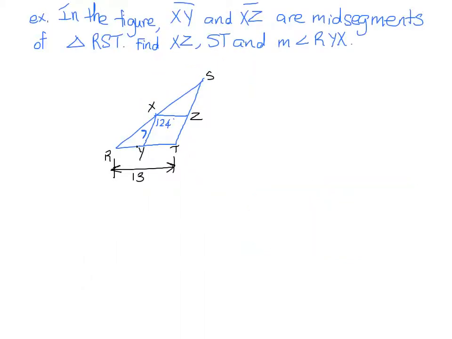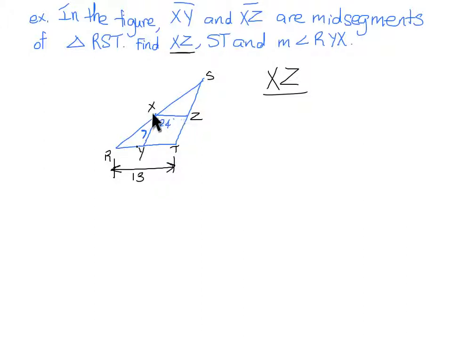Okay, so here we have an example where we get to practice our knowledge of midsegments. We know, according to the question, that XY is a midsegment and so is XZ. Let's start by finding the first thing they ask for, which is XZ. You may recall that the midsegment, which is XZ in this case, is always going to be half the length of the side that it's parallel to.